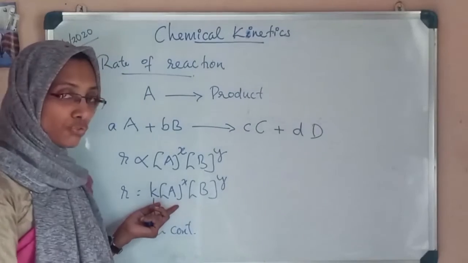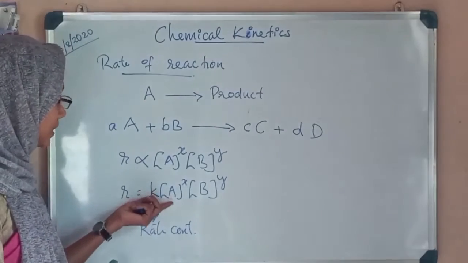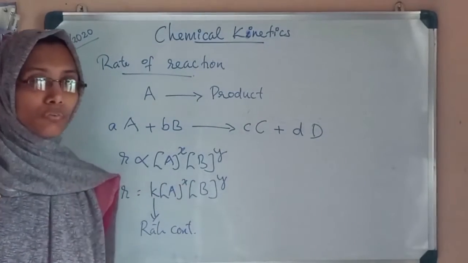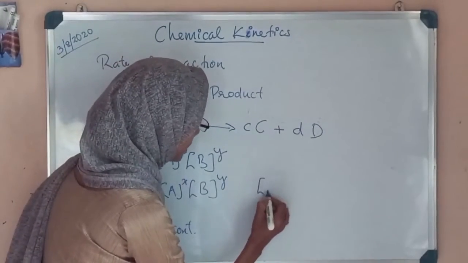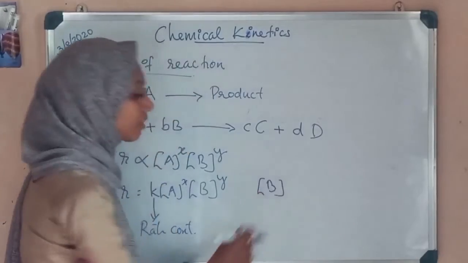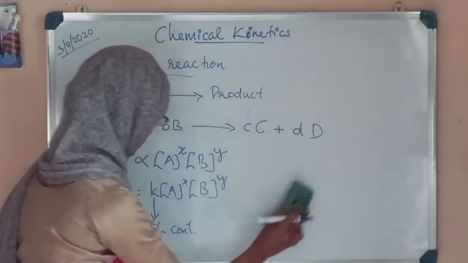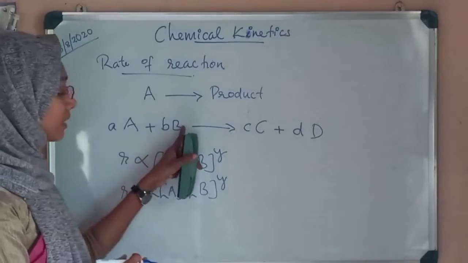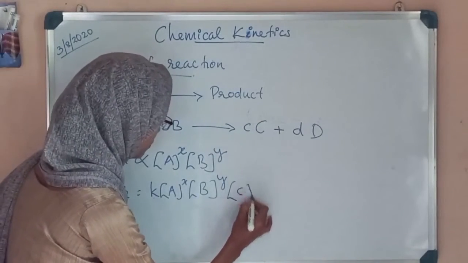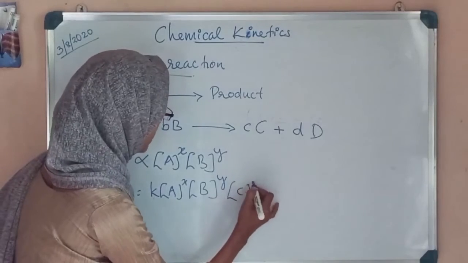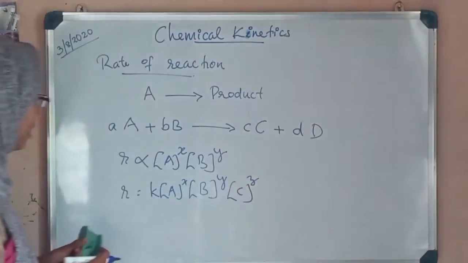[A] is the molar concentration of reactant A, and [B] is the molar concentration of the reactant B. These brackets indicate the molar concentration. If there is another reactant C, the rate equation may include that term, [C] raised to z.